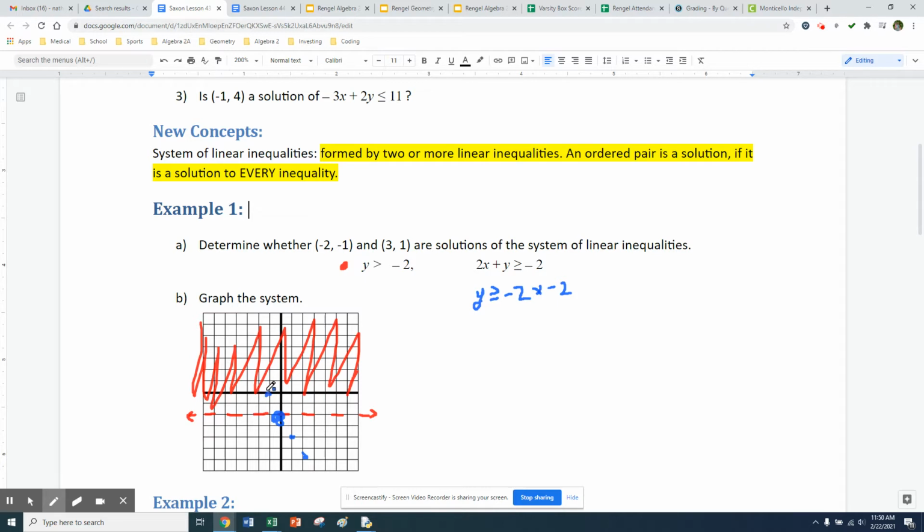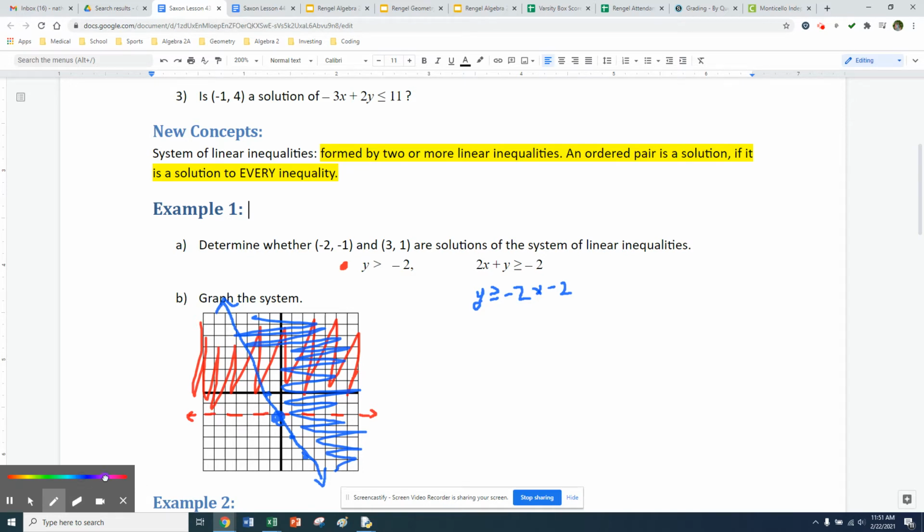Since it's a greater than or equal to, I am going to make a solid line. I'll just do my best to draw that boundary line. And then lastly, since y is greater than, I go to my y-intercept and shade above.